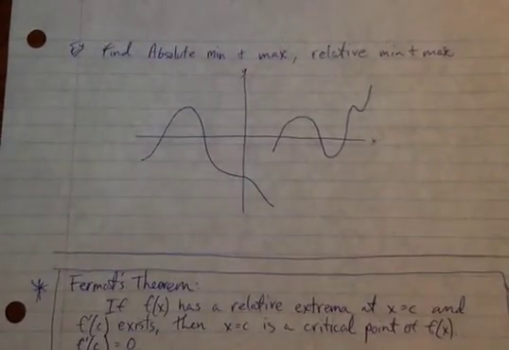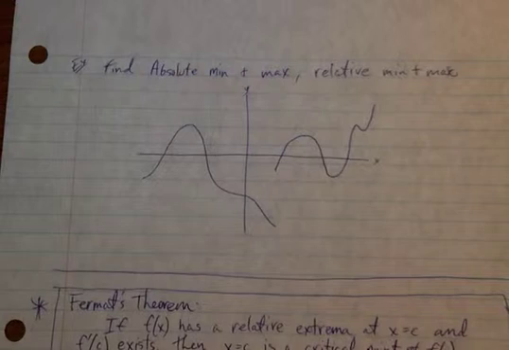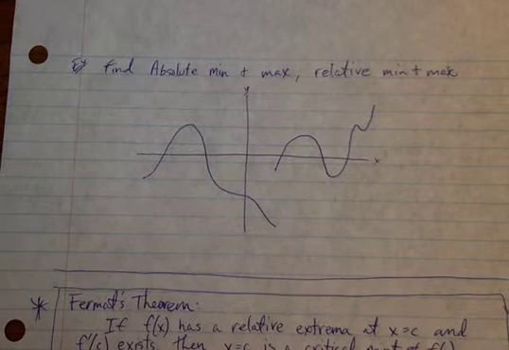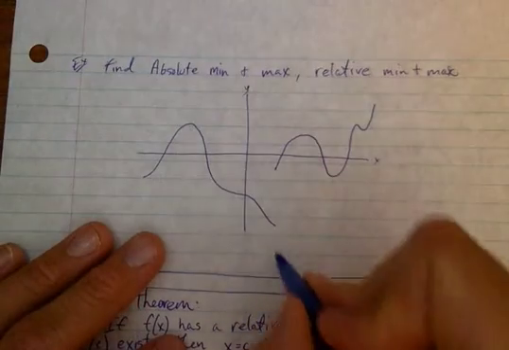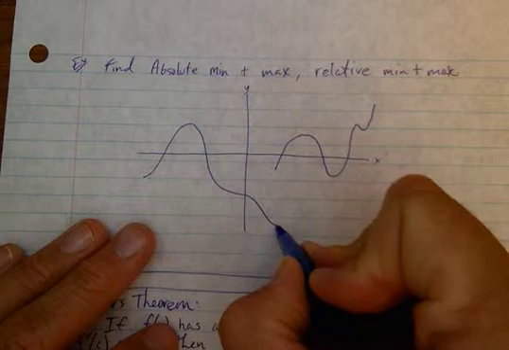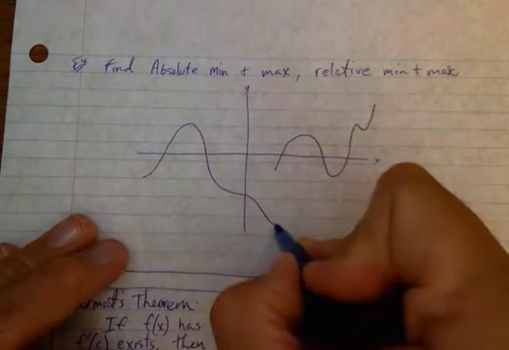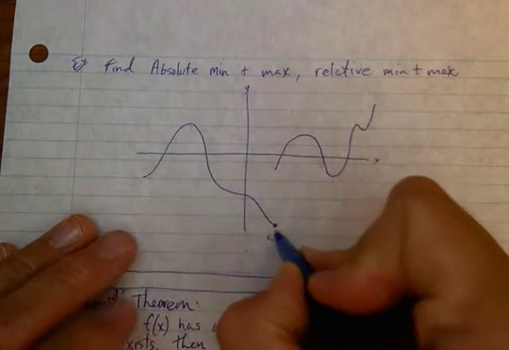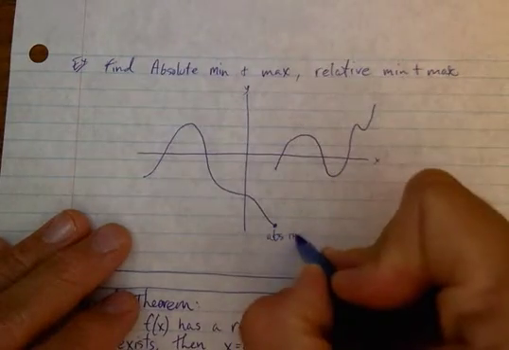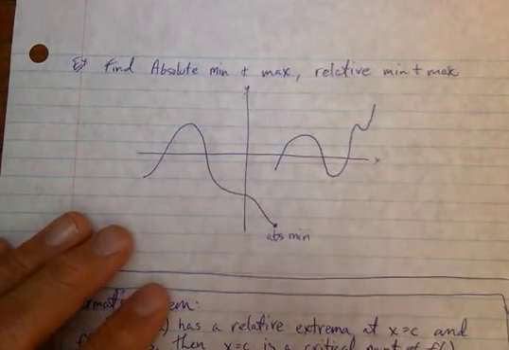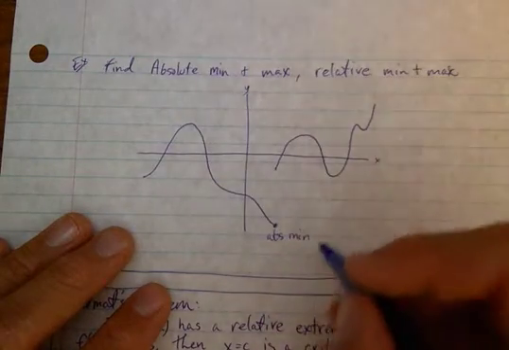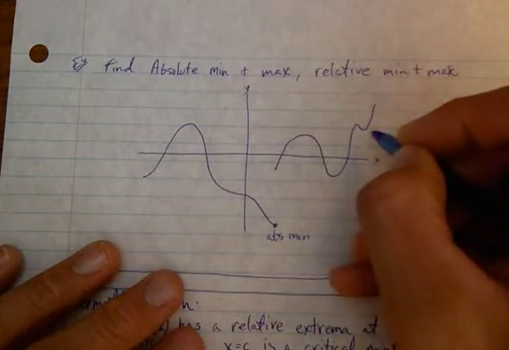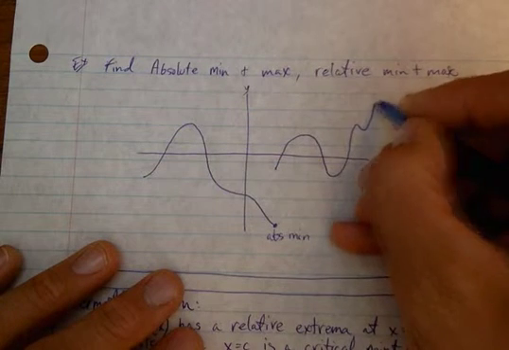And our last page, find the absolute min and max and the relative min and max. Okay, we can do this real quick, right? We can spot our absolute minimum here. Absolute min. Is it a relative min? No, because it doesn't continue right away. It's discontinuous. How about that?